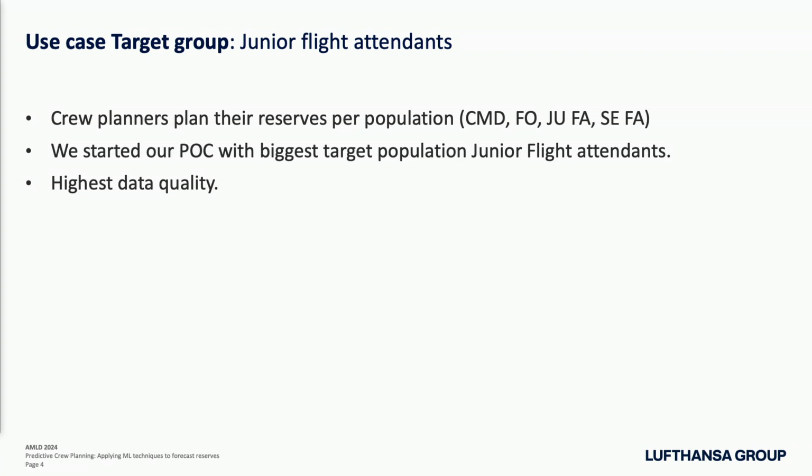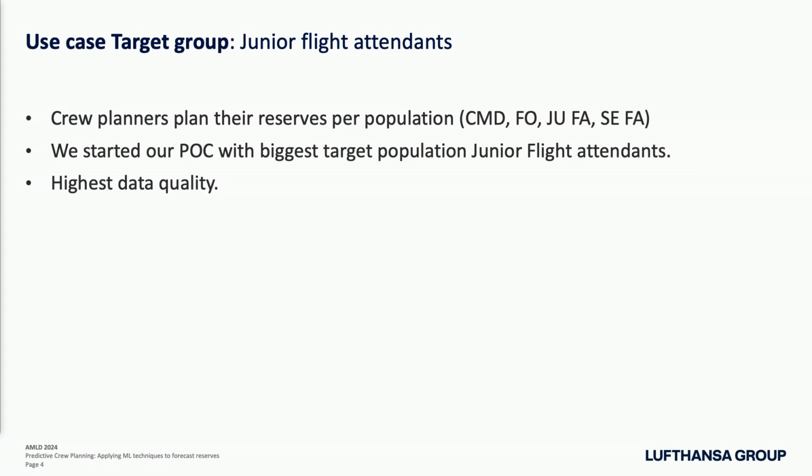For this use case, our target group is junior flight attendants. Crew planners are planning the reserves per population. This is an oversimplification, especially for those people who are working with airlines. Population, for example, is commanders, first officers, junior flight attendants, senior flight attendants.